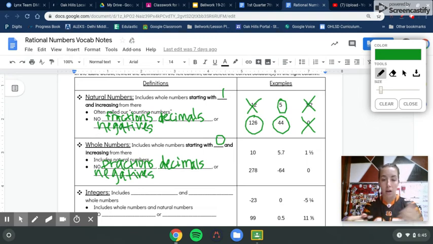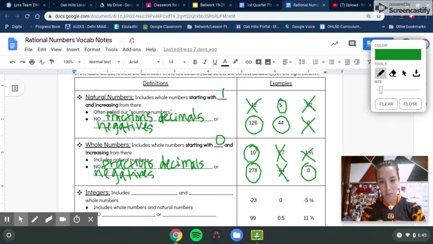Okay. So if we look at these examples, automatically you should go ahead and circle 0 because 0 is now included when it wasn't before, but we still have no fractions, no decimals, and no negative numbers. So the whole numbers also include your natural numbers and 0.